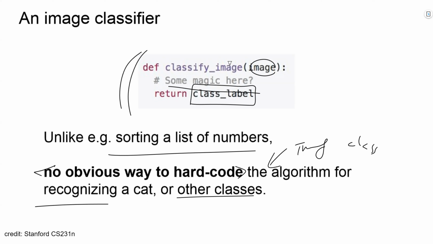And when you are developing this function or algorithm, your algorithm should be robust to all the challenges I mentioned: illumination variation, viewpoint variation, intra-class variation, occlusion, and so on.